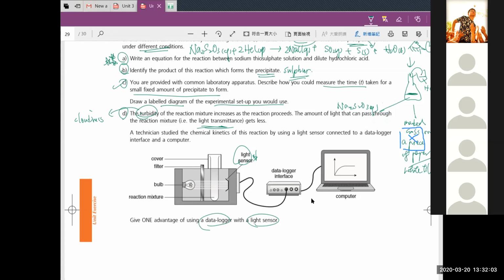This time connected to a computer, right? So what can you get? What will you get? No? Marcus?